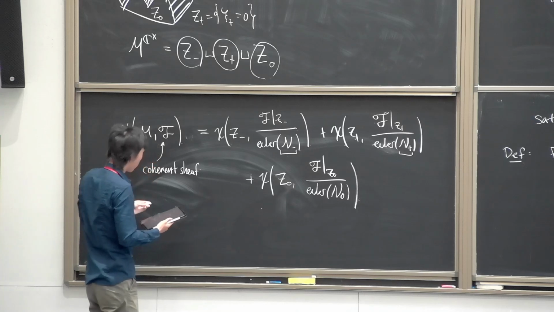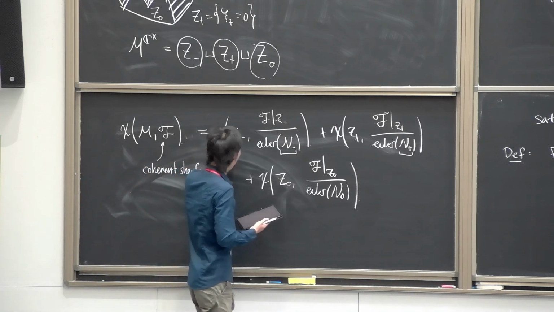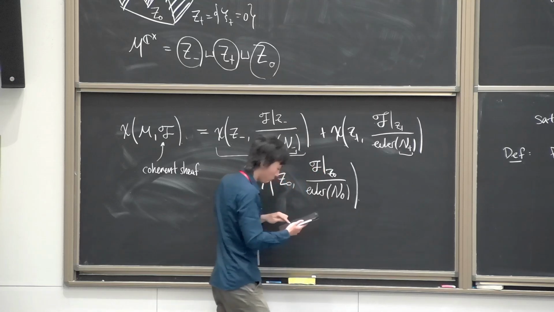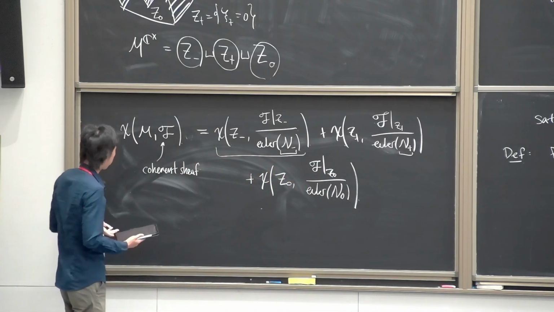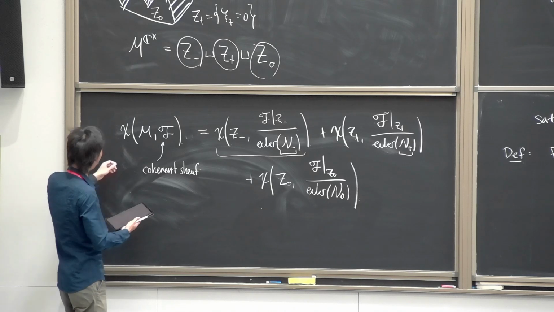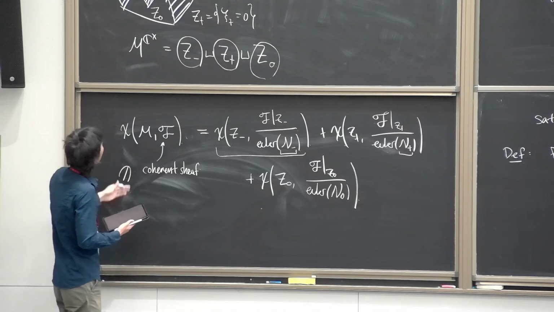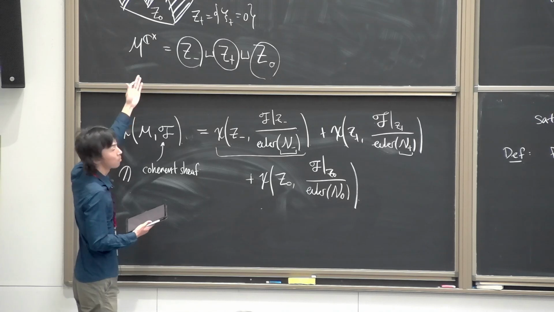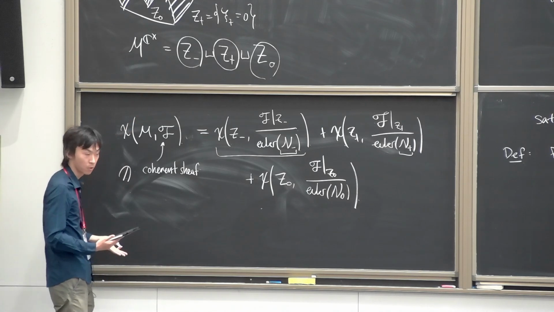And now we want to extract some relation between the term on Z minus and the term on Z plus. And the way that we do that is we apply some kind of residue in the following sense. So we notice that the left-hand side, M, we assumed was proper. And proper push forwards preserve coherence.